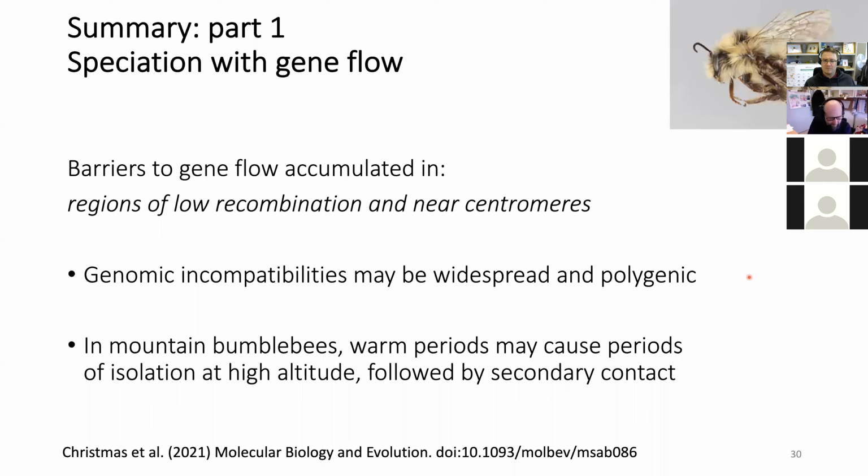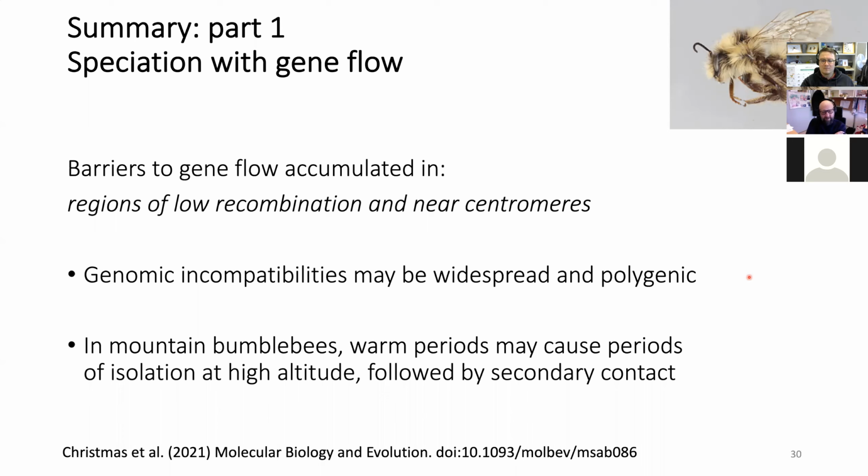So now I'll just summarize quickly this first part, in that we found that barriers to gene flow between these two related species seem to have accumulated in regions of low recombination near centromeres.